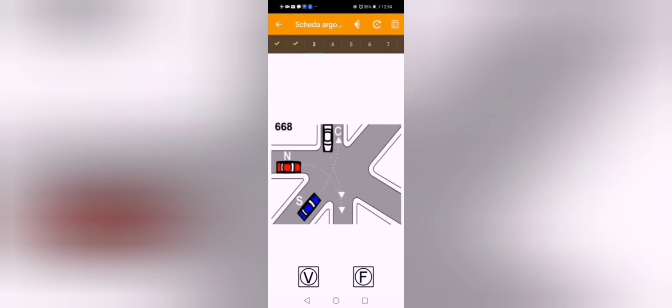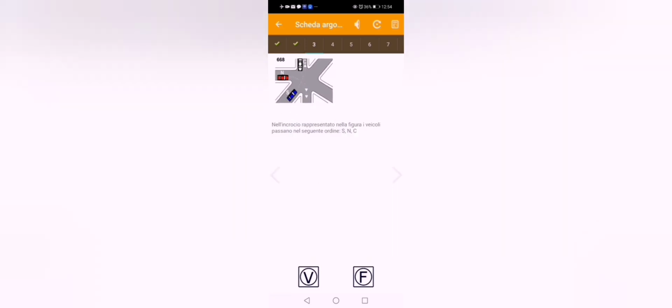So for that reason, the red, which is N, will go before the white, which is C. Nell'incrocio rappresentato in figura, i veicoli passano nel seguente ordine: S, N, C. That is true, because the blue will go, which is S, N will go, which is the red, and the white, which is C, will go. It is true.